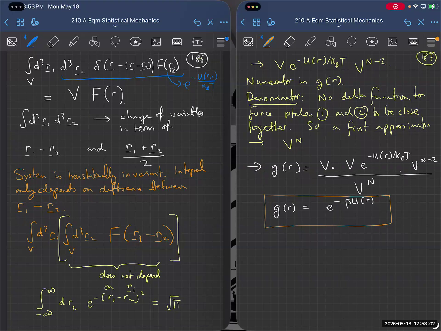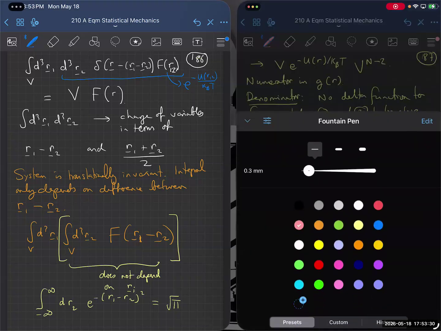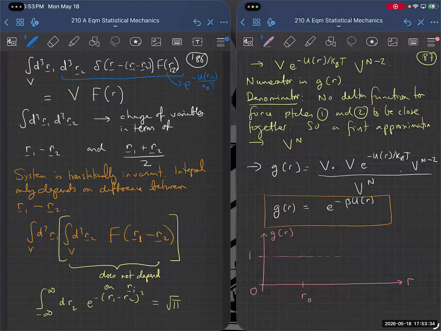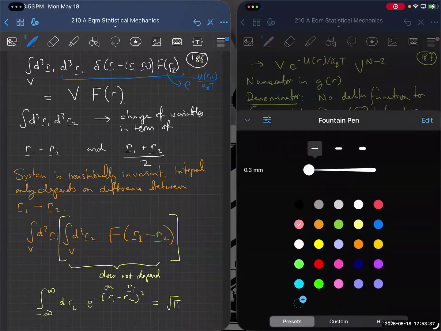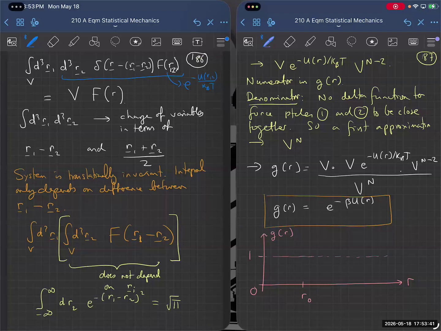So let's draw what that looks like. So this thing will look something like that.